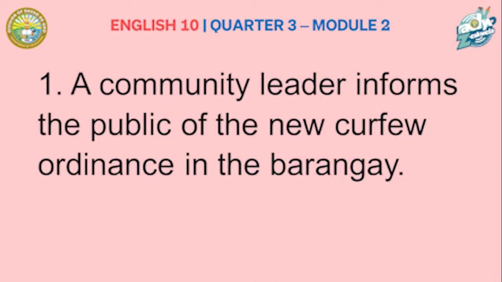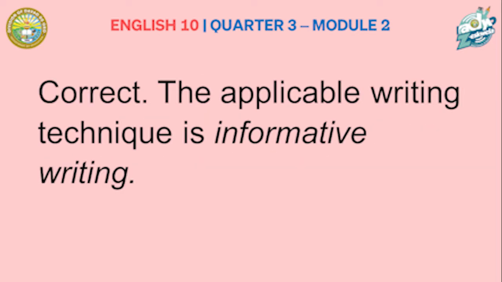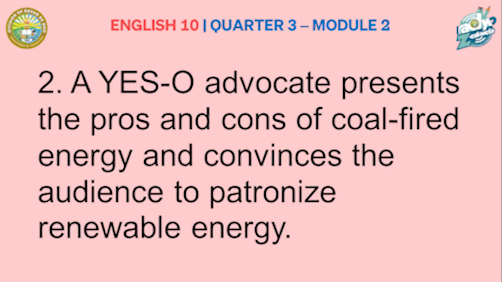1. A community leader informs the public of the new curfew ordinance in the barangay. Correct! The applicable writing technique is informative writing. 2. An advocate presents the pros and cons of coal-fired energy and convinces the audience to patronize renewable energy.